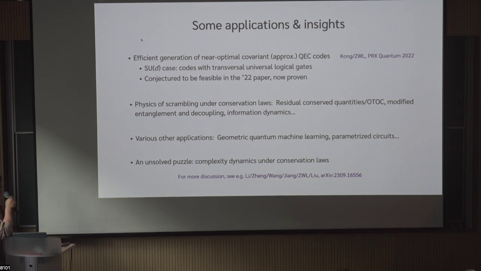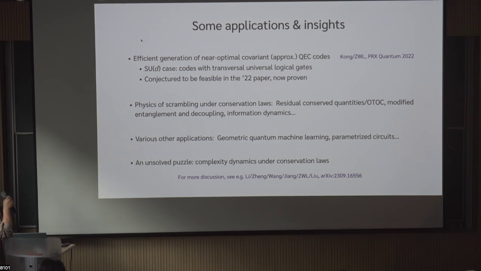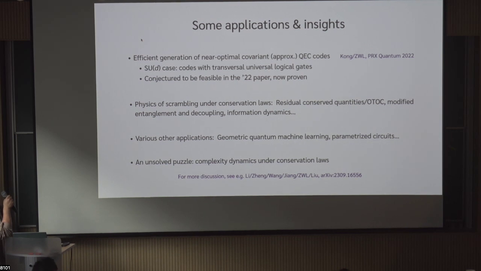And then with this kind of circuits, very similar to why we like to play with random circuits for these physical reasons, this also gives us a playground for understanding the physics of scrambling under conservation laws. So in this paper, we discuss some special behaviors under symmetries. For example, the residual conserved quantities or OTOC have different scaling than the symmetry-free case, and we can also, of course, play with them to understand the modified or different decoupling and entanglement properties and information dynamics.